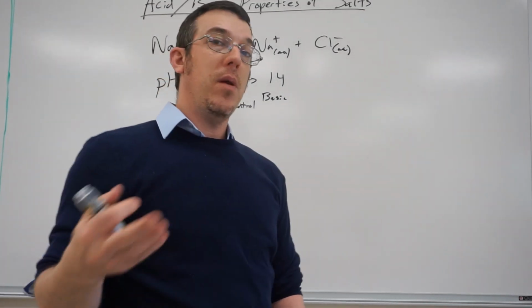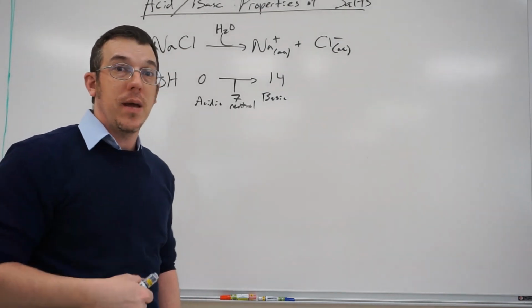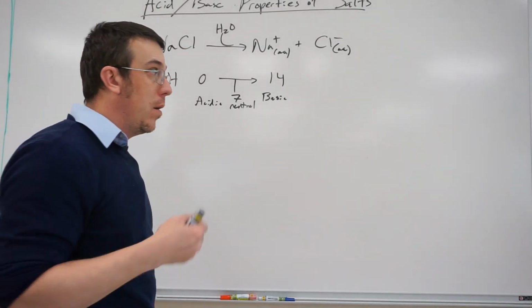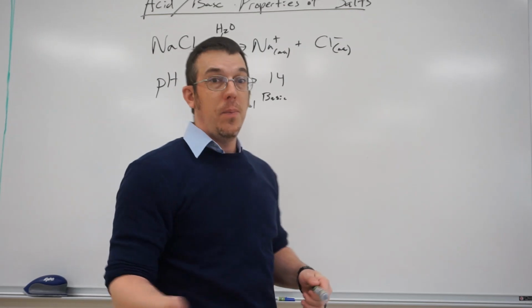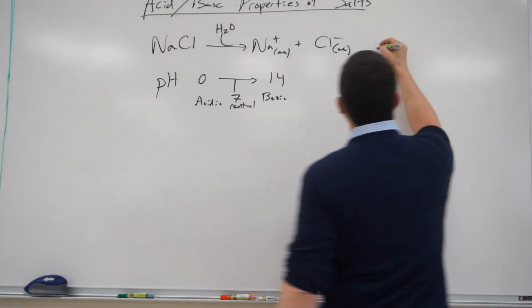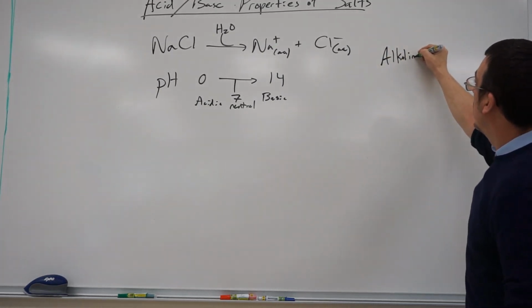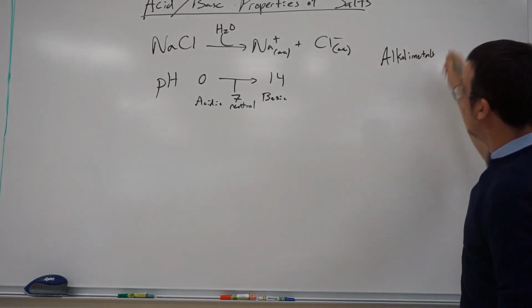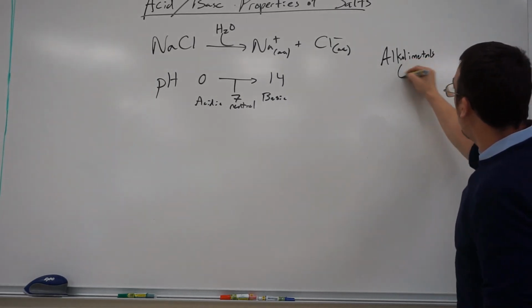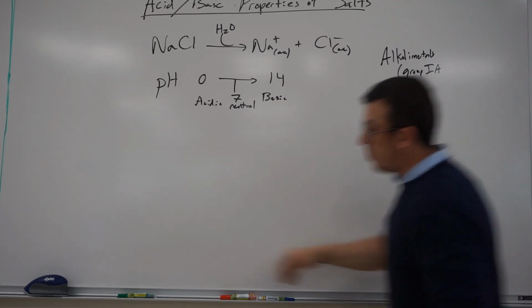Now, there's some prior knowledge that you have to know before you can actually answer this question. The first thing is, let's make a couple rules here, all right? The first rule is that alkali metals are found in group 1A.